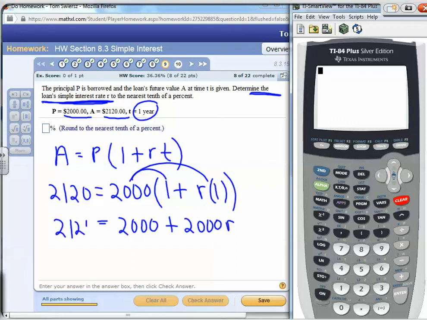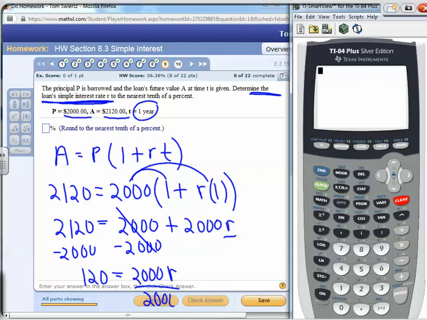So we have 2,120 equals 2,000 plus 2,000R. We're trying to solve for the variable R, so we're going to subtract 2,000 from both sides. 2,120 minus 2,000, of course, is 120, equals 2,000R. Divide by 2,000 to get the coefficient of R equal to 1.